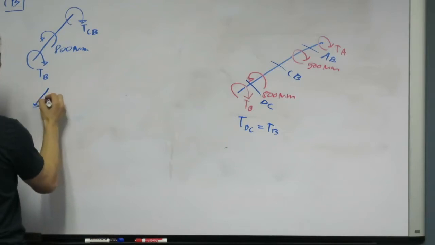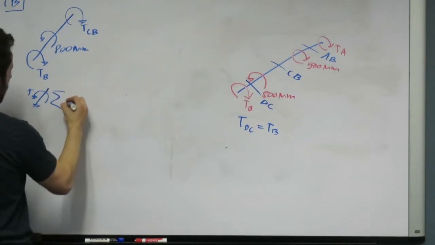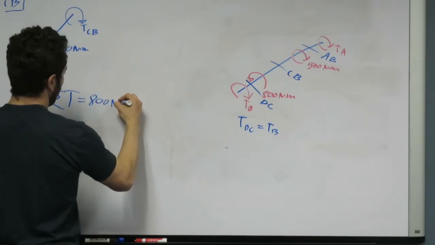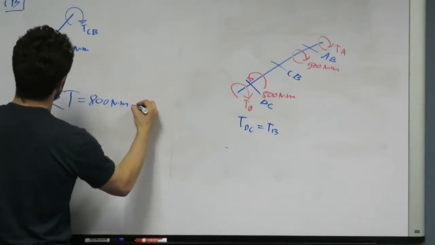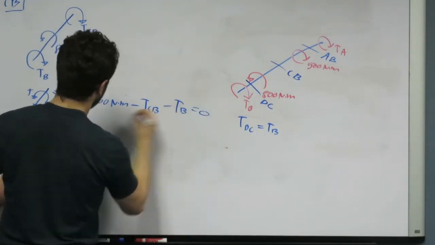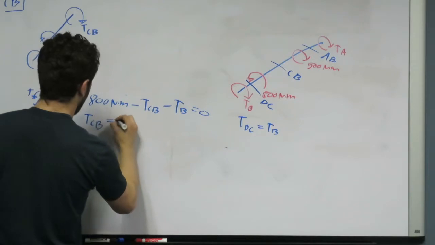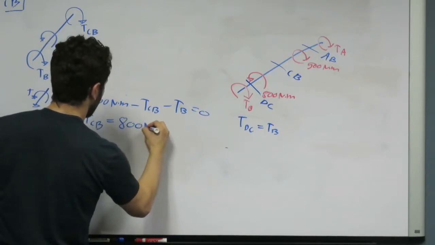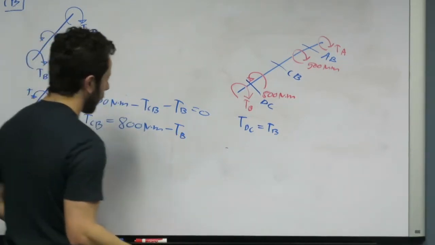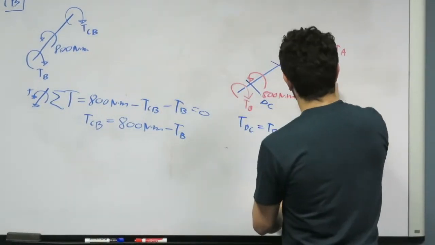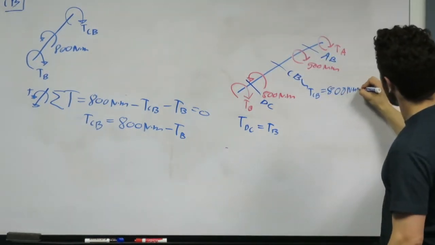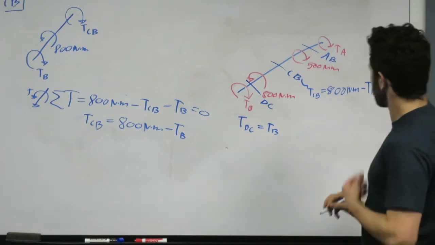So again, summing up in the positive direction, we get 800 newton meters minus TCB minus TB equals 0. TCB equals 800 newton meters minus TB. So we can say here, TCB equals 800 newton meters minus TB.